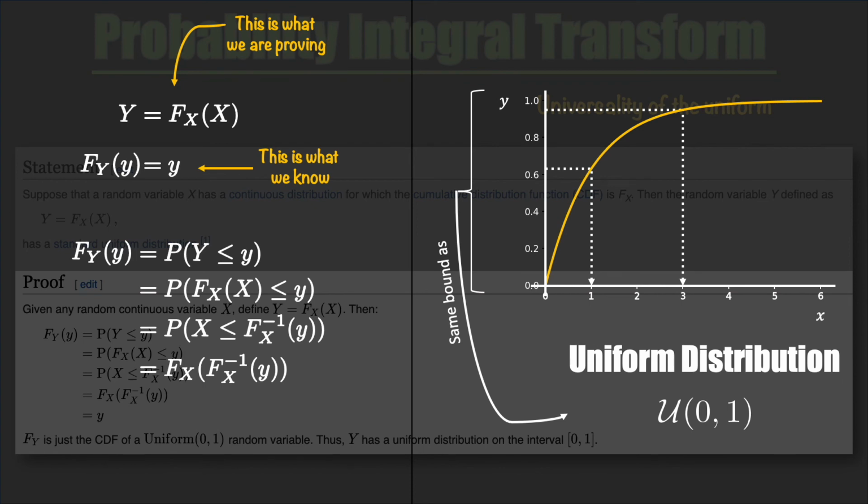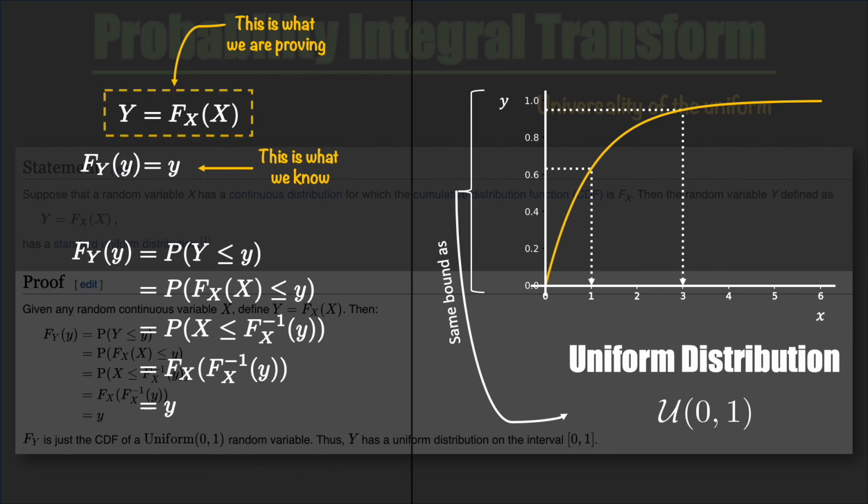So I could just simply write it like this, and it should be obvious that F and F inverse will cancel each other out, giving us y, which is something that we know for sure, which means indirectly we have proven our statement, which is that y is a function of x, where function F is a CDF of the random variable that you are passing to this function. And more importantly, y will be a uniform distribution.